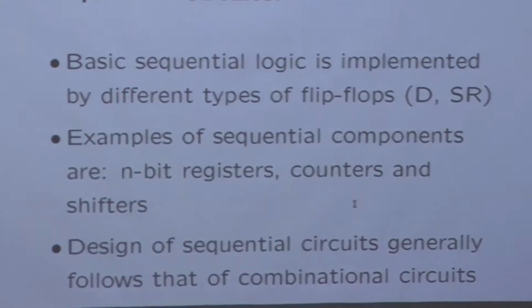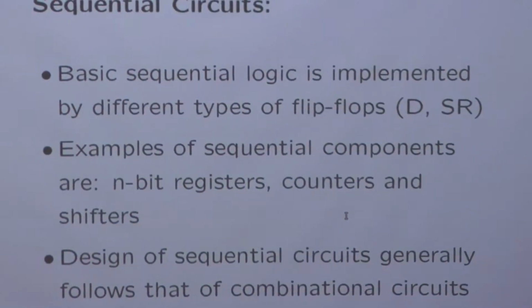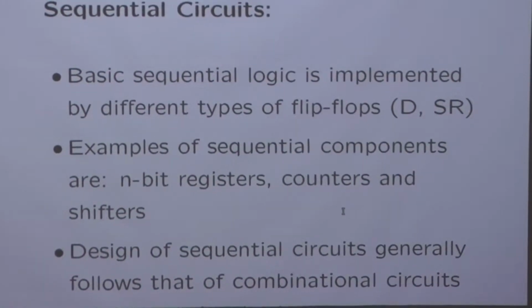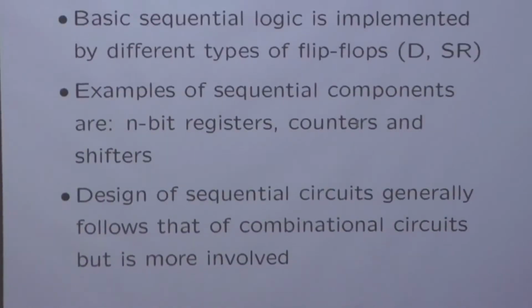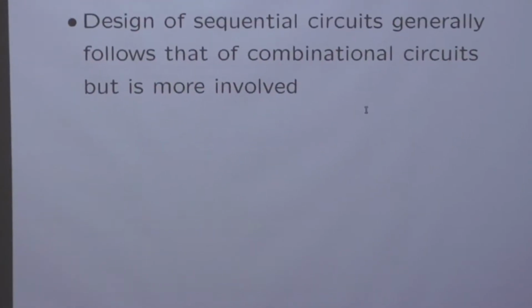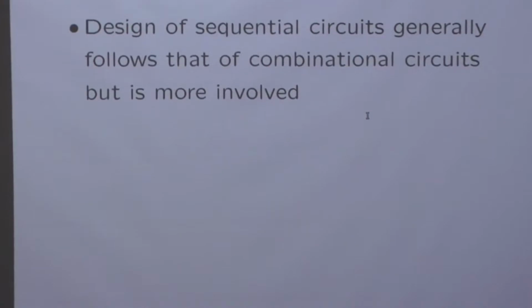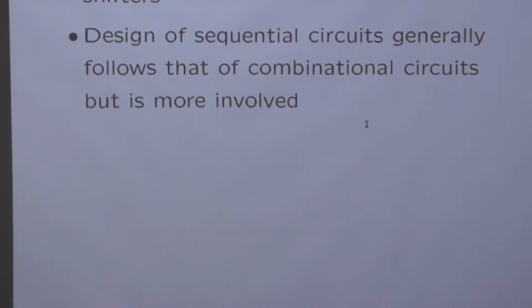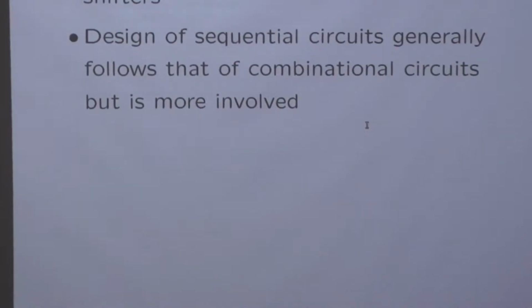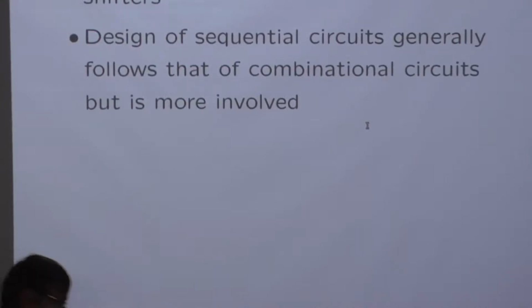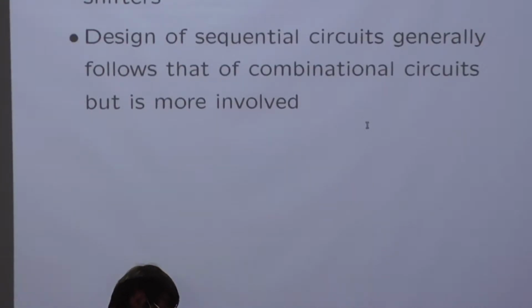So I'm assuming we all know reasonably well what a register is at this point, but we'll see what these slides have to say about them. So the design of these circuits which involve sequential components is generally in line with what we have seen before, but now we have the added complication of the additional inputs and outputs which are represented by the stored data, right?